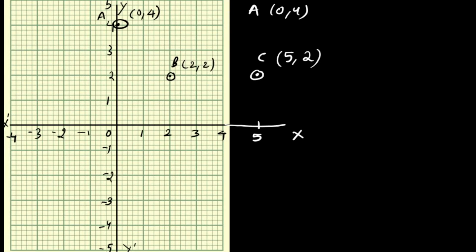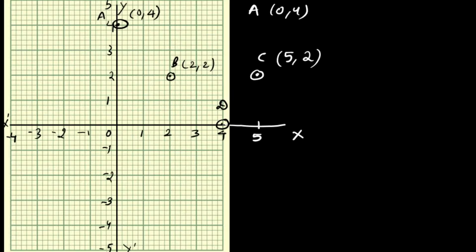Then point D is (4, 0). (4, 0) means this point will lie on the x-axis and y's value is 0. So here it is, point D. The next one is (0, 0), point E. (0, 0) is the origin.